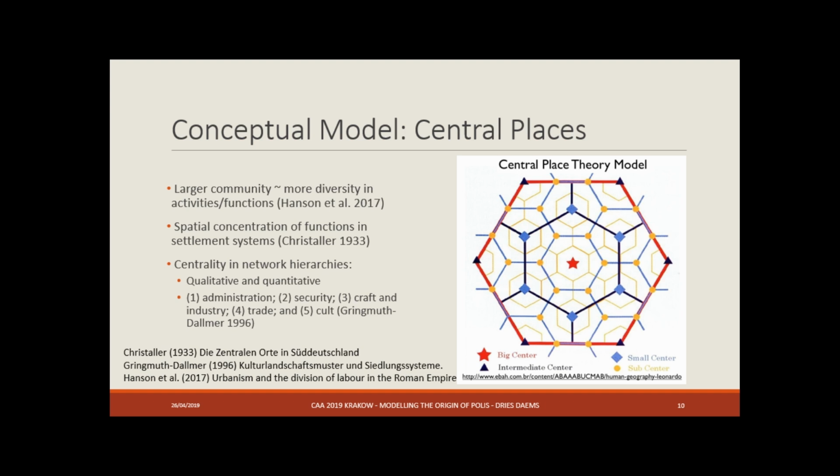Some more recent work has also stressed the quantitative aspect of concentration of functions, meaning that you don't just have these five main functions within the hierarchy, but you also have the degree or strength to which each of these functions has a certain pulling power over the landscape.